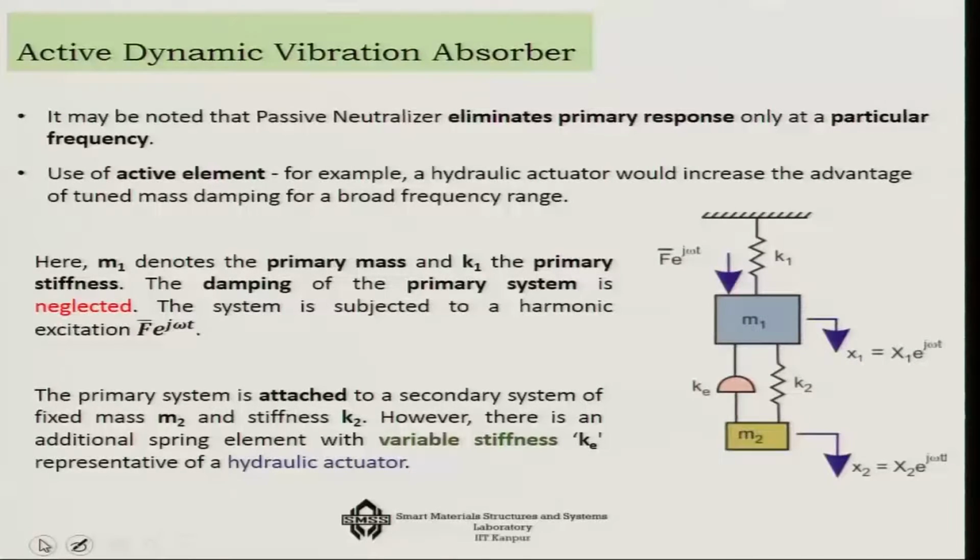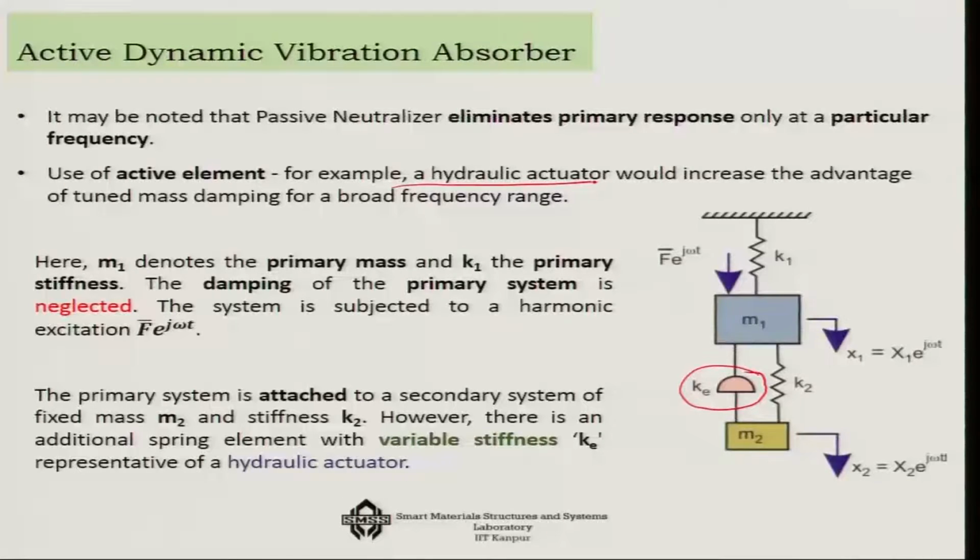However, it is passive in nature, that means once you design it, the transmissibility curve is fixed forever. Now, suppose I do not want that, and I want more dynamic control over the transmissibility. In such a case, instead of adding a passive damper, I will add a feedback element like a hydraulic actuator.